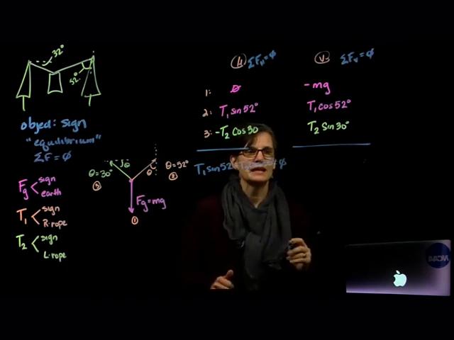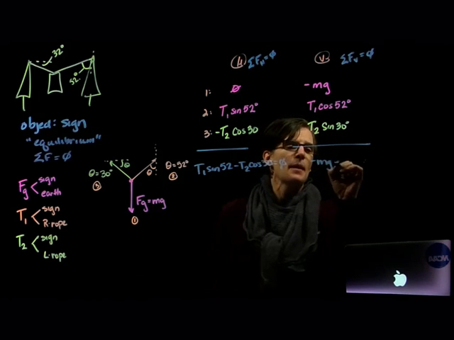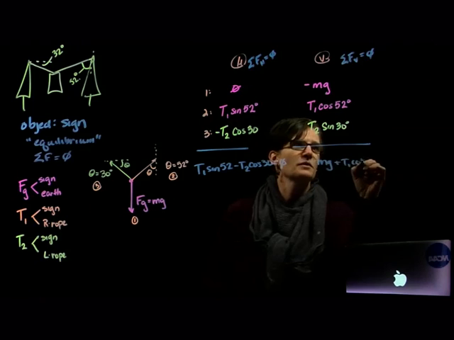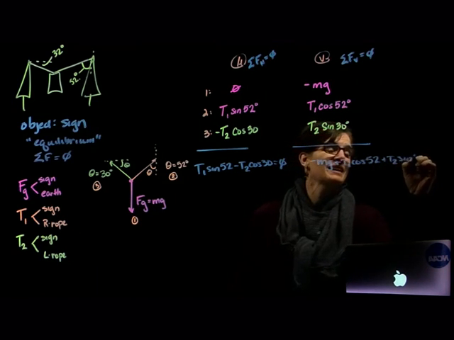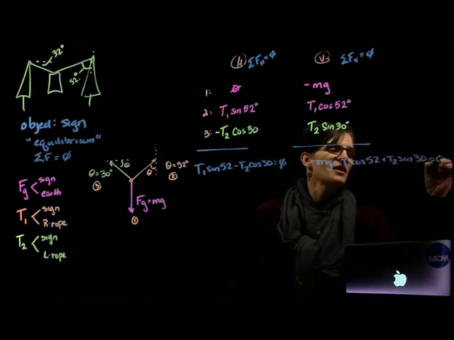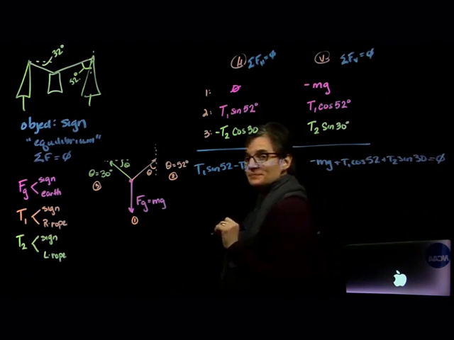All right, and in this case, I have minus mg plus T1 cosine of 52 plus T2 sine of 30, and that also equals 0 because I'm in equilibrium.